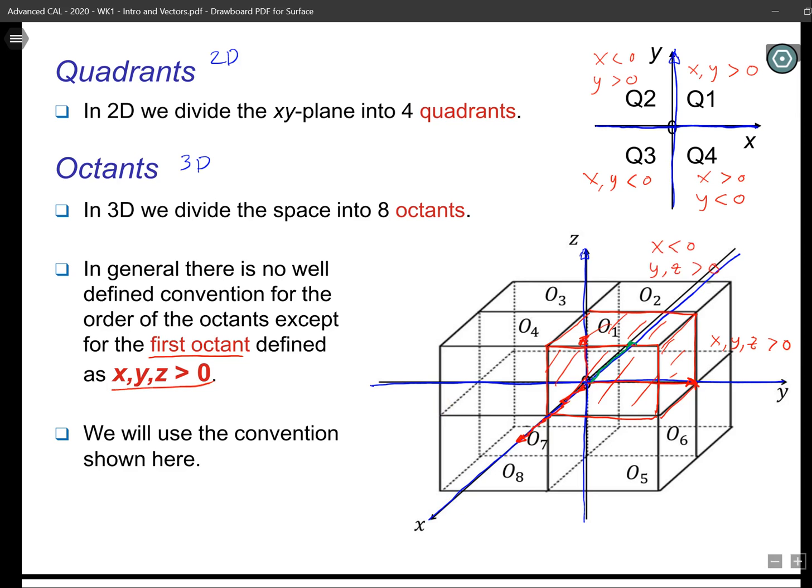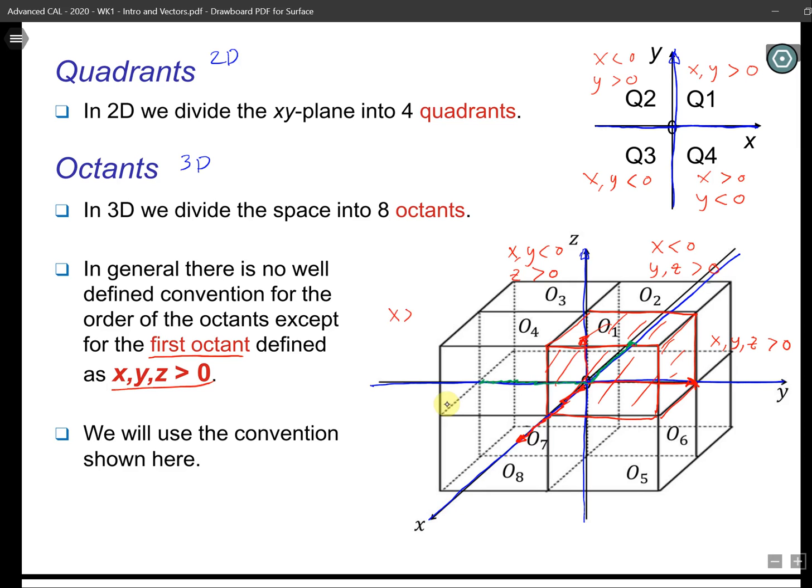Okay, now let's move to octant 3. In this octant, you can see that x is already negative and y becomes negative too. So in octant 3, x and y are negative and z is still positive. And the last one on the space above the xy plane, right here, octant 4, here y is negative but x is positive.